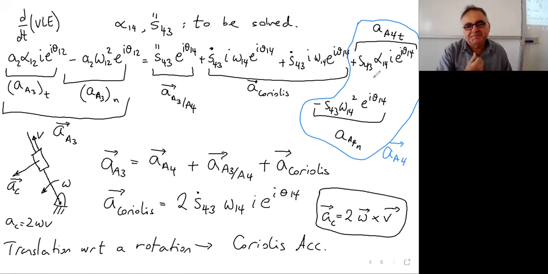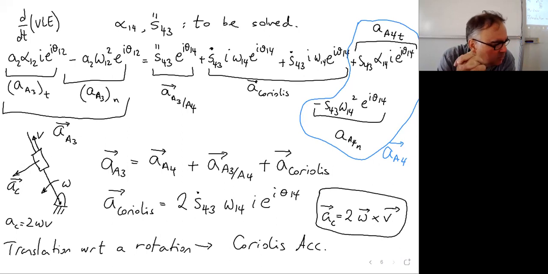Okay, so we have covered more or less the simple mechanisms. There are other four-link mechanisms which we can model, but they more or less follow the same procedure.